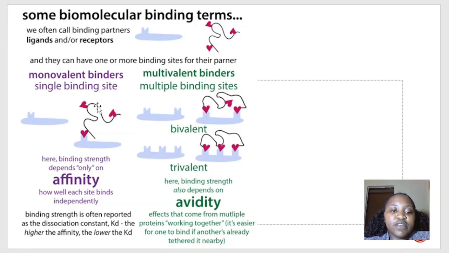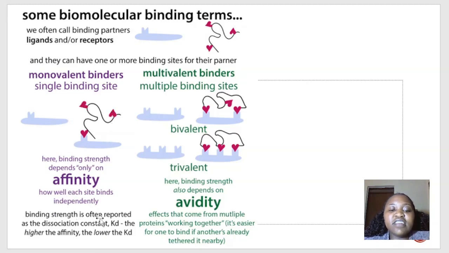So what happens, for example, in this case, when we have a monovalent binder which has a single binding site, it means that only one part of your molecule is going to bind to the receptor. And here, the binding strength of these two will depend on what we call affinity. That is how well each site binds independently. So how this binds to this, how this is going to bind to another receptor, etc.